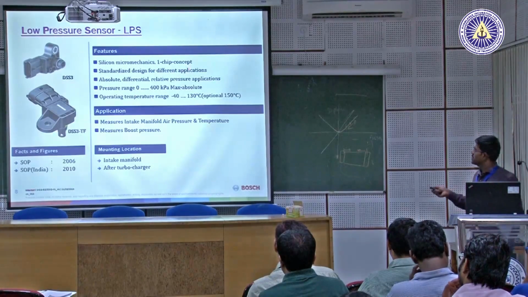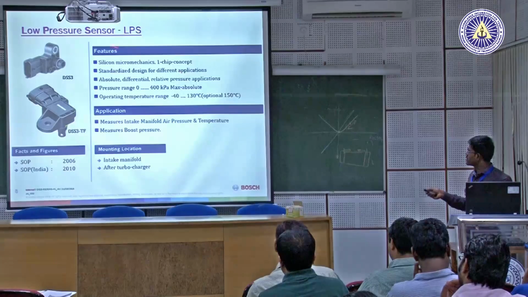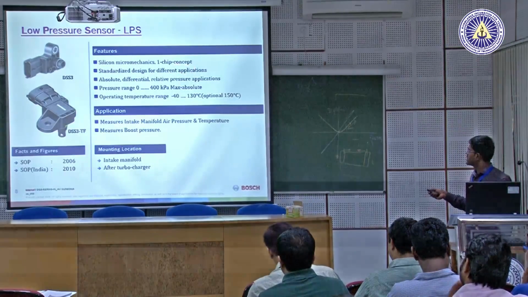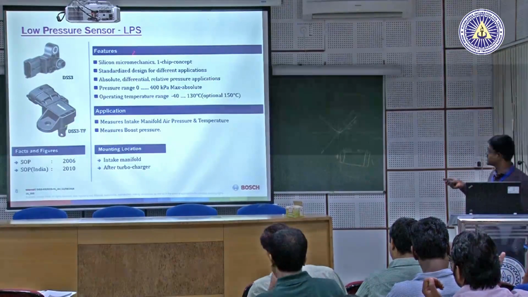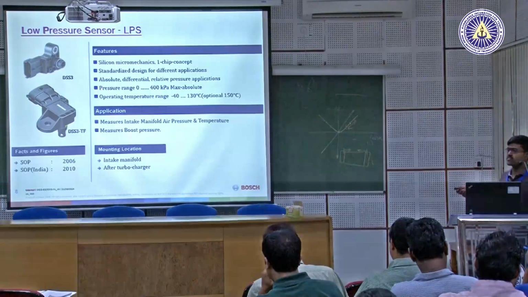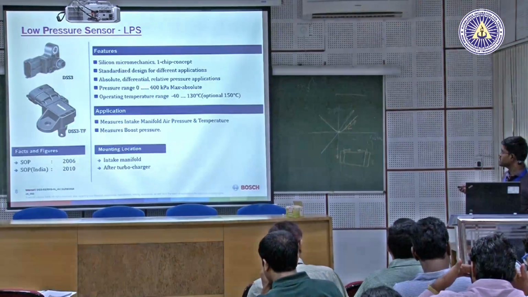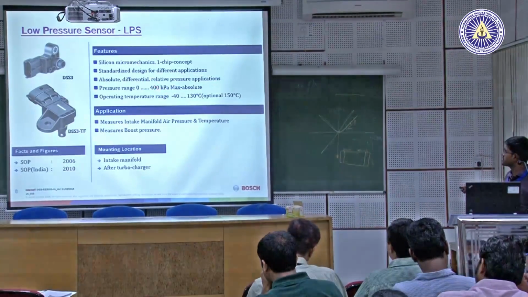The thing is, it is a small sensor, and it has a standard design. You can see the features, and we have different types of sensors like absolute, differential and relative pressure sensors.